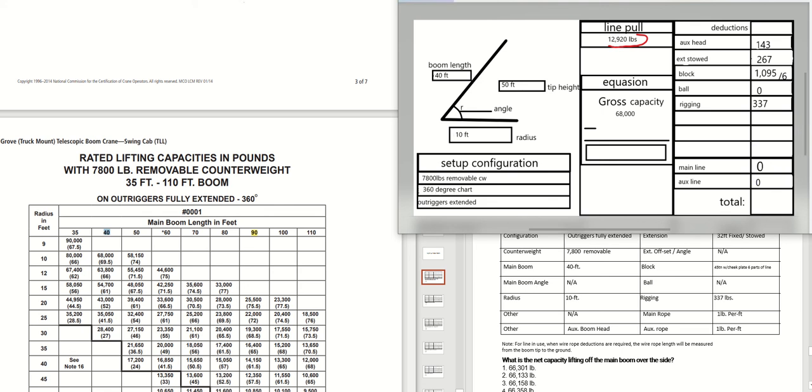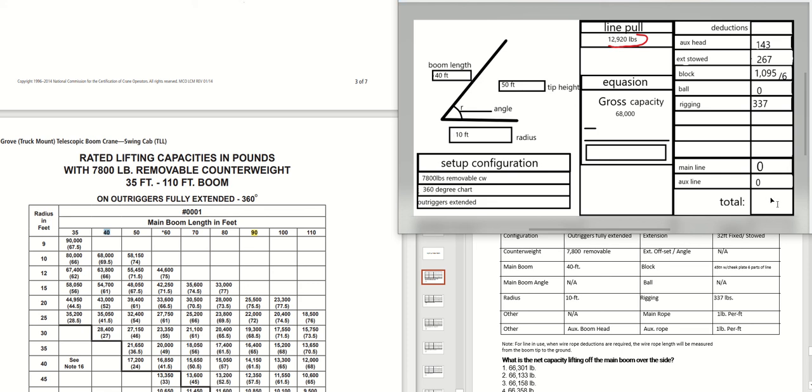So now we can complete our deductions here. What we'll do, we're going to add up all our deductions and put it in the total spot here. So 143 plus 267 plus 1,095 plus 337, and we don't have any other deductions, equals 1,842.